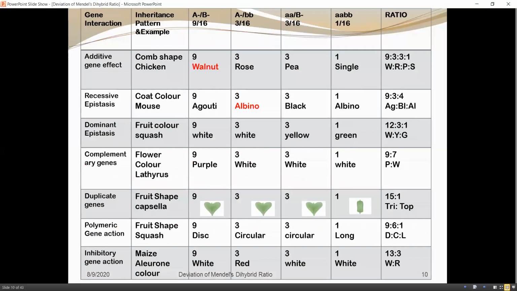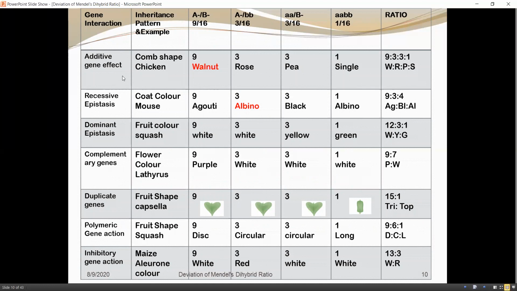Now, this slide shows in tabular form whatever we are going to see in the next slides, and we will see them one by one. In this, we have taken genes as capital A and its recessive allele small a, gene capital B and its recessive allele small b.